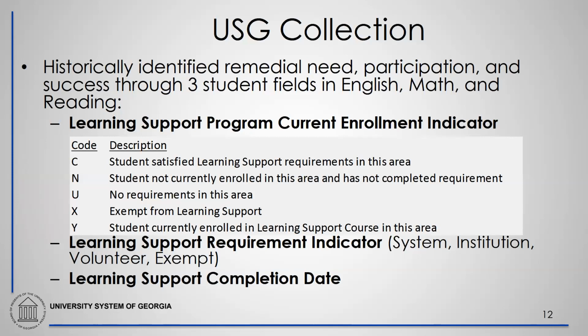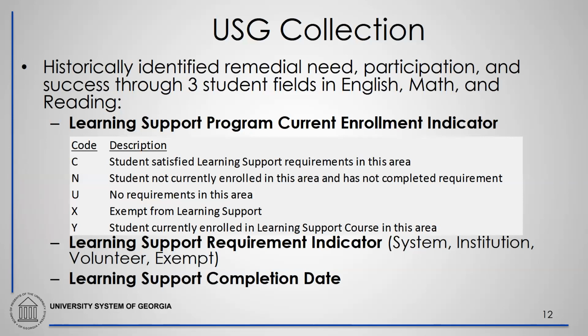We also have a learning support requirement indicator for a student. There are sort of floor remediation requirements across the system, and an institution can have a higher threshold for remediation. So if a student is in remediation because of the system requirement, they would have an S here.